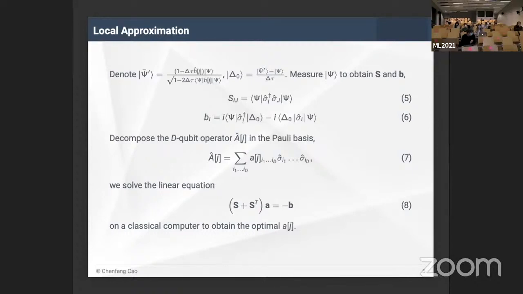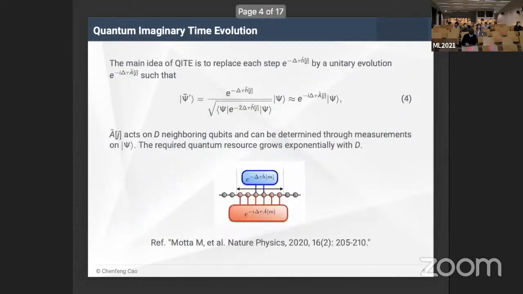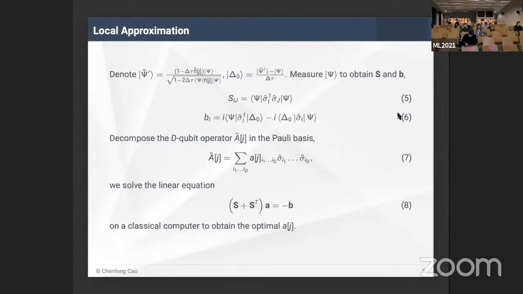In the Pauli basis, we measure some Pauli observables on psi and obtain a matrix S shown in equation 5 and a vector b shown in equation 6. We have S and b via measurements. Then we solve the equation (S plus S transpose) a equals minus b on a classical computer. This one is done classically. Then we can obtain the optimal Aj, the optimal Hamiltonian, to do the transformation. And the proof of this optimality can be found in the paper I mentioned in the last slide. If you have interest, you can check the details.